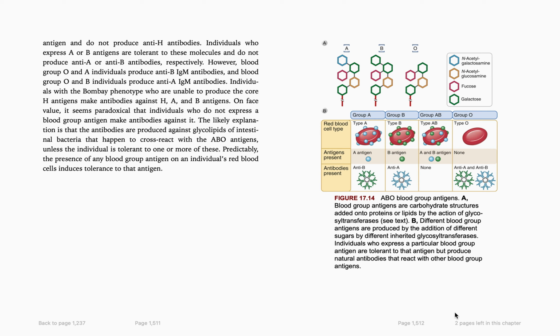Individuals who express A or B antigens are tolerant to these molecules and do not produce anti-A or anti-B antibodies, respectively. However, blood group O and A individuals produce anti-B IgM antibodies, and blood group O and B individuals produce anti-A IgM antibodies.